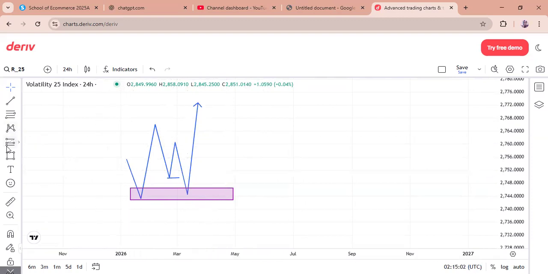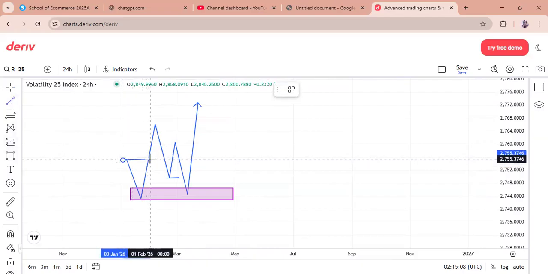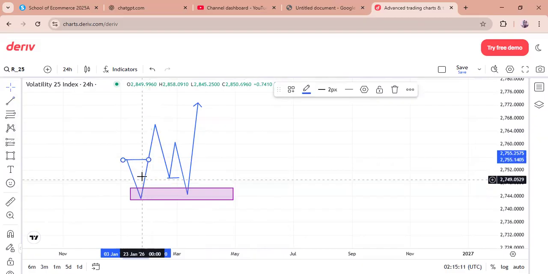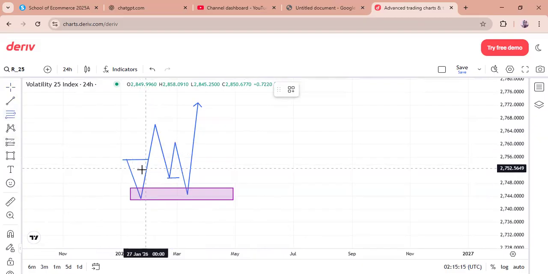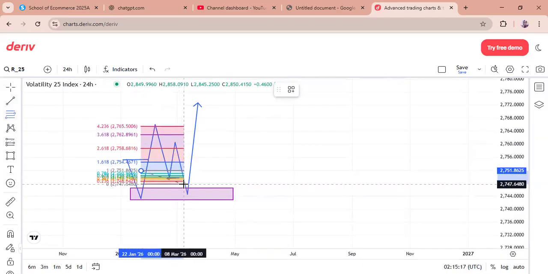So price does a value break or structure break, gets close to the zone and reacts. In most cases, you could even see a fair value gap around there.